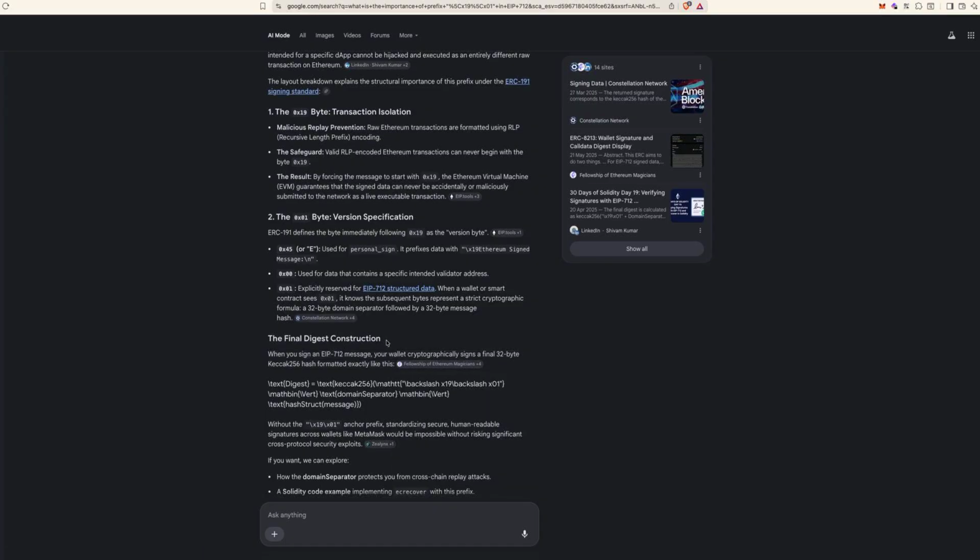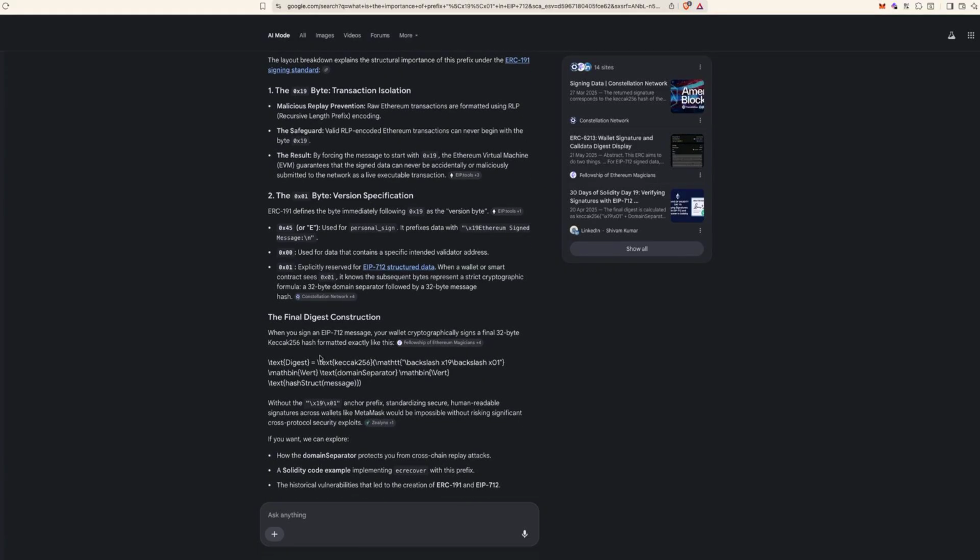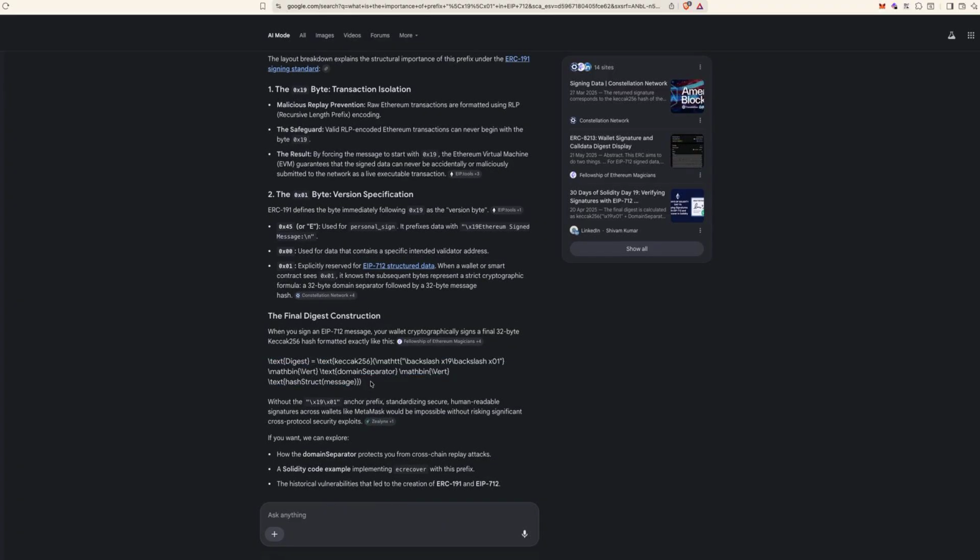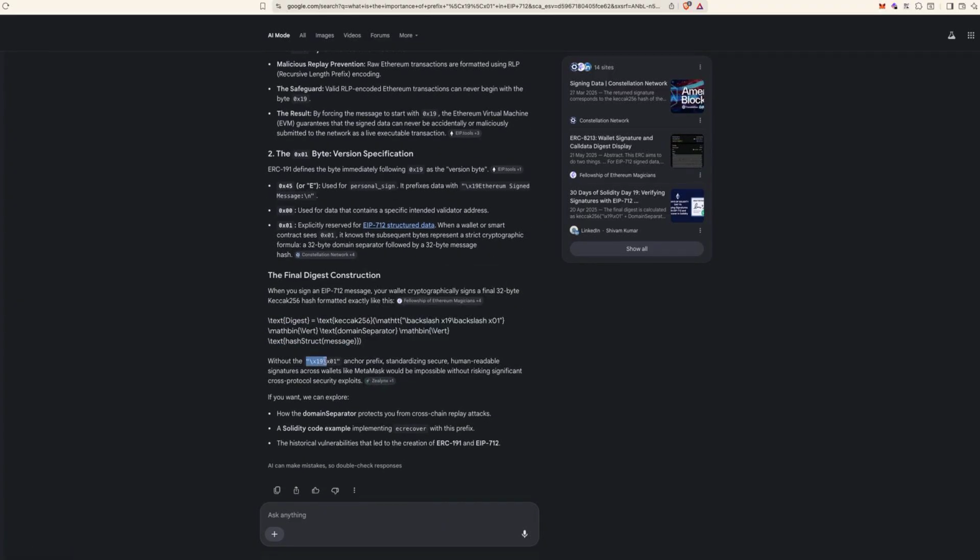The final digest construction: when you sign an EIP-712 message, your wallet cryptographically signs a final 32-byte keccak256 hash formatted exactly like this. Without the 0x1901 anchor prefix, standardizing secure human readable signatures across wallets like MetaMask would be impossible without risking significant cross-protocol security exploits.